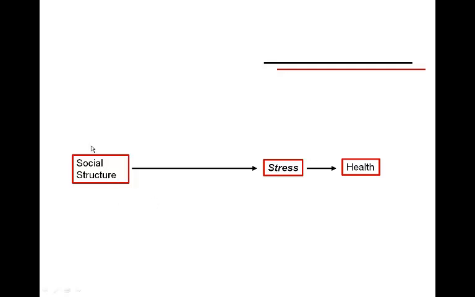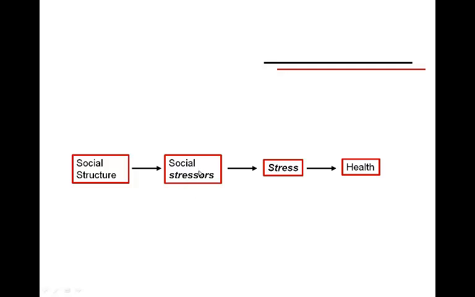Okay, so if we're going to start with this simplistic model, we'll first make it more complex by recognizing an important distinction between social stressors and stress. Social stressors are the things that one is exposed to, events, occurrences, etc., typically thought of as things in the environment that are social and external to the individual, and that are similarly socially patterned.